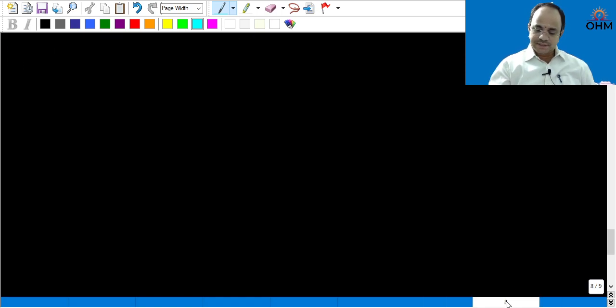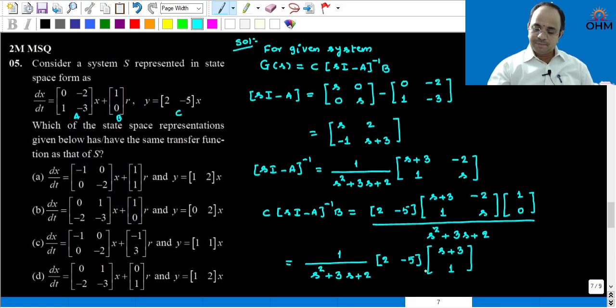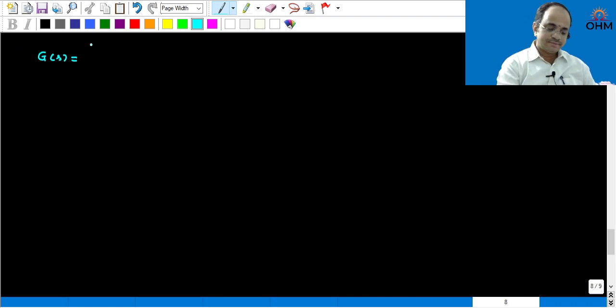Now the last step is the transfer function for the given system. If you multiply here 2S plus 6 minus 5, therefore you will get 2S plus 1 divided by S square plus 3S plus 2.